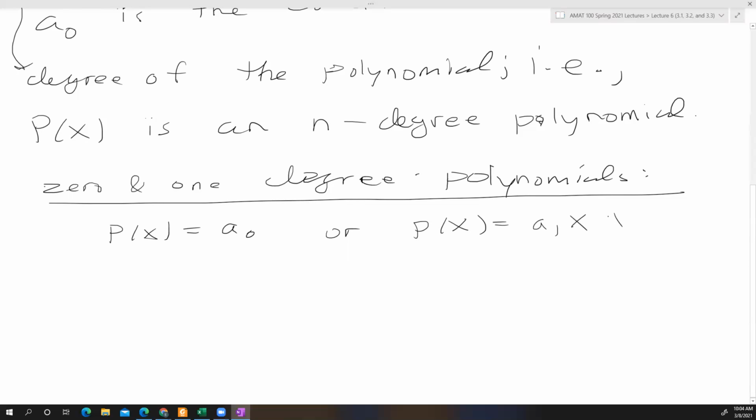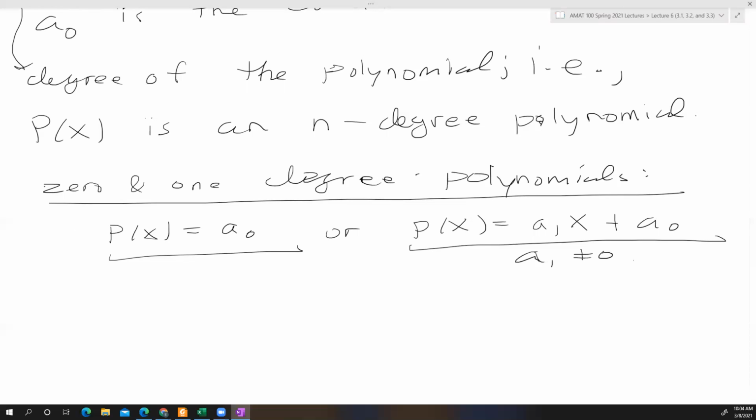The graphs of these functions correspond to lines. This is a horizontal line. And assuming a1 is not 0, the graph of this polynomial is some line with a slope. It's not horizontal, it's angled somehow.